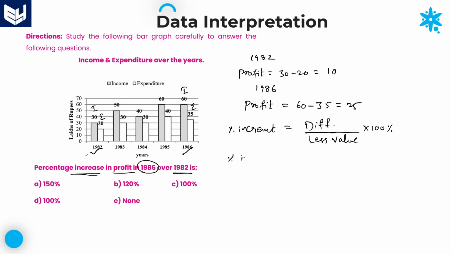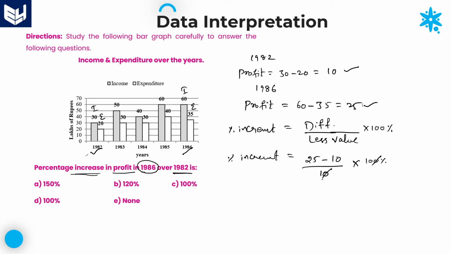Therefore, the required percentage increment is equal to difference between those two. Here, one profit is 10, one profit is 25. Difference 25 minus 10 divided by less value, less value is 10, into 100 percentage.